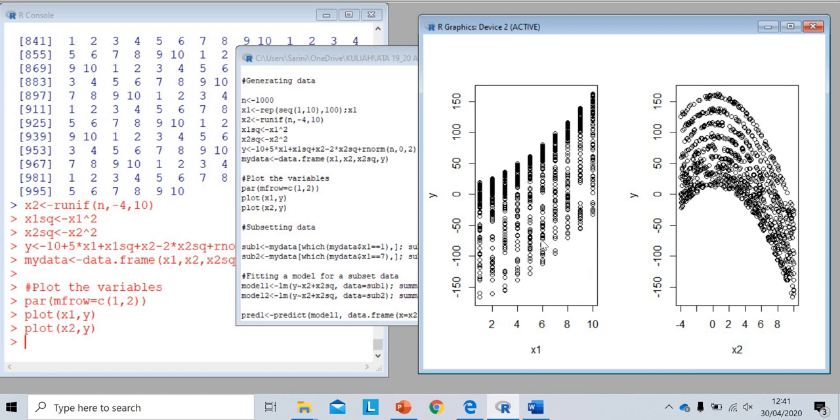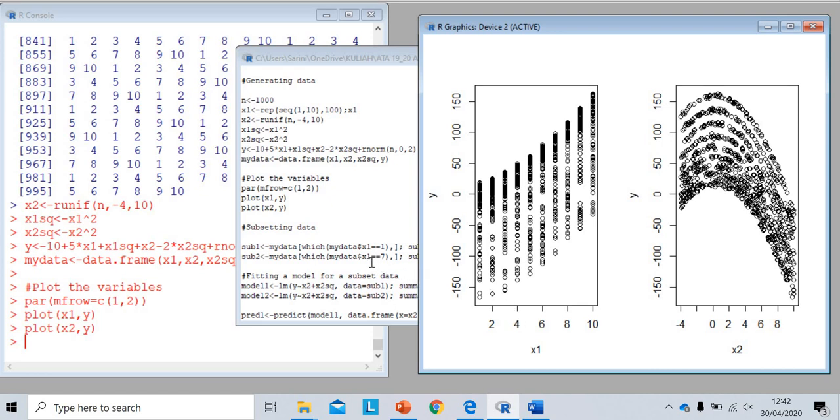Now let's see how we decide on it based on these plots. Again, it's clear that x2 should be quadratic, x1 seemingly not quadratic. What about the interaction term?